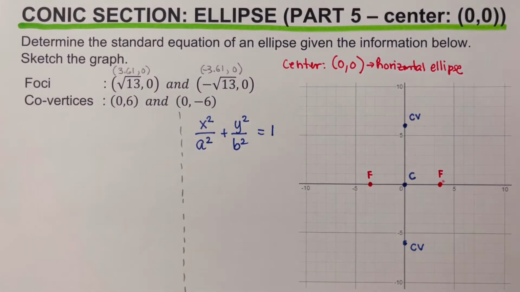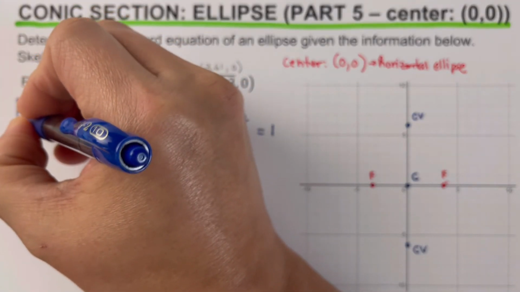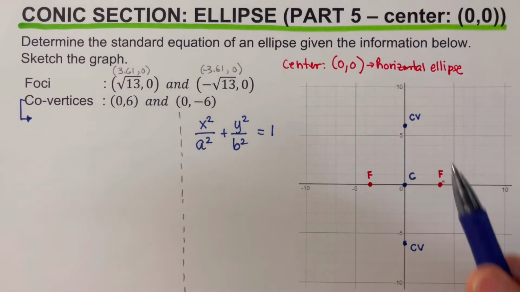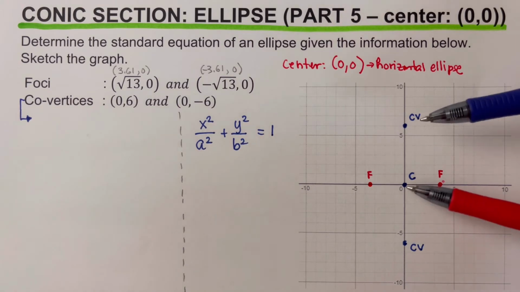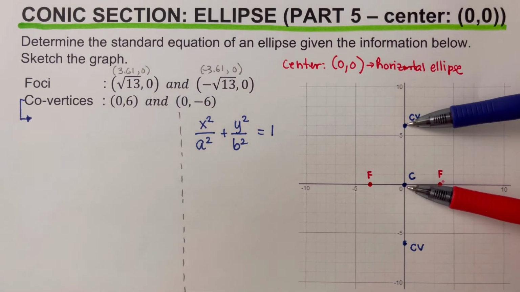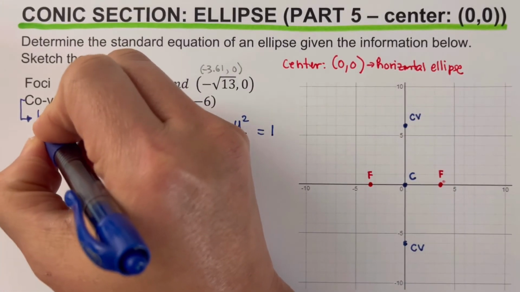So we can go ahead and determine what the values of a and b are. Just by looking at what we have right here, we are given the coordinate of the co-vertex. So this is our co-vertex right here. Now we remember that the distance from the center to the co-vertex is represented as letter b. So I'm going to write that down here. So this letter b.